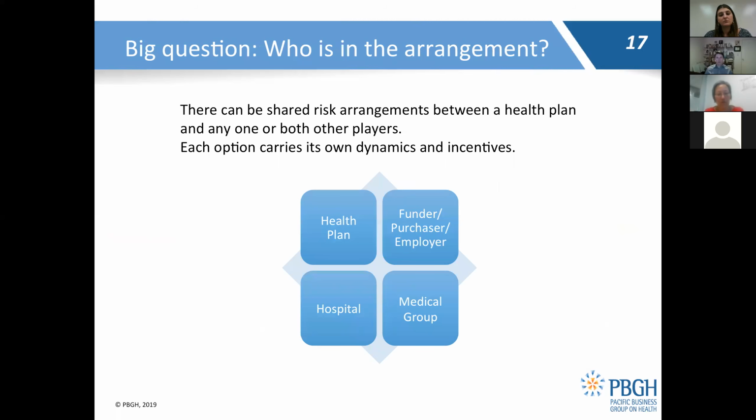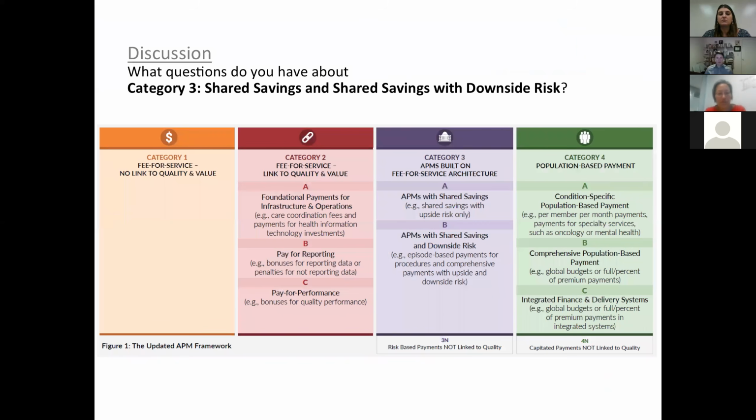Having 2 or 3 parties to a shared risk arrangement creates the chain of incentives that can either be working in concert or in opposition. And at the end of the day, for shared risk arrangements to work, it makes sense to have all parties rowing in the same direction. Next slide. Great, thank you.